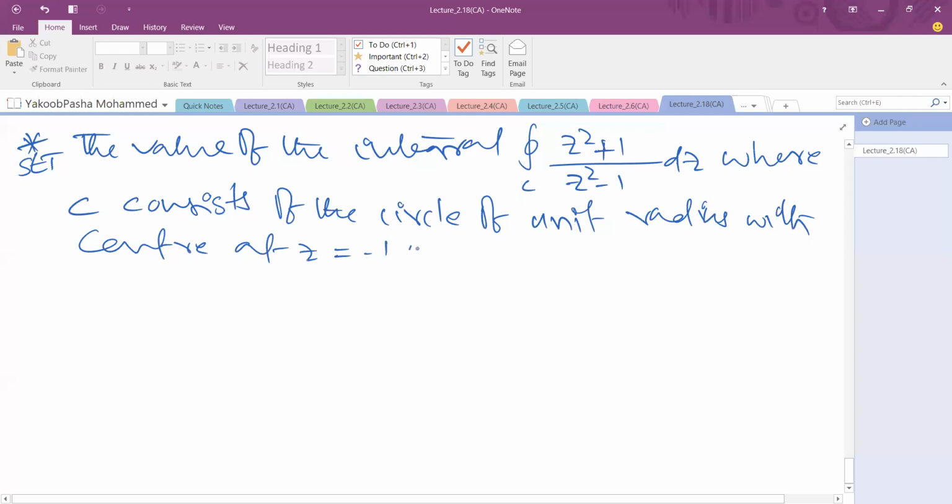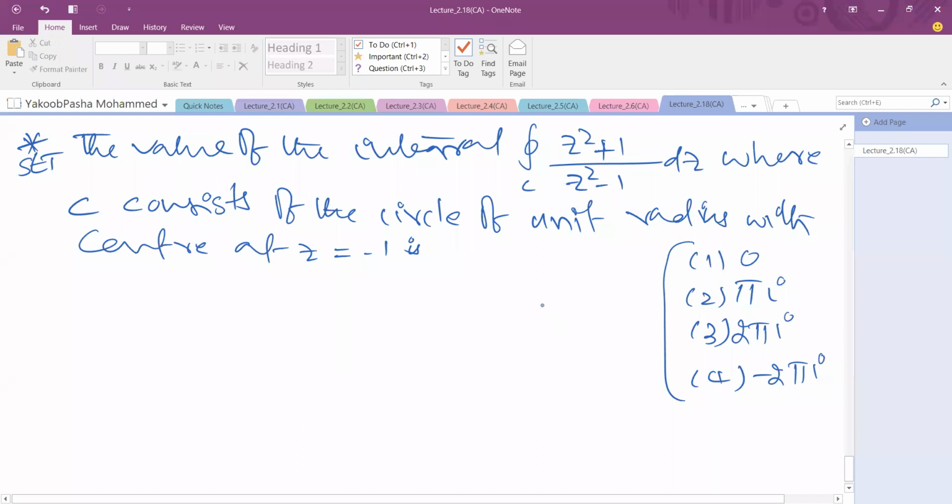The first option 0, second option pi I, third option 2 pi I, and the fourth option minus 2 pi. These are the 4 options we have.